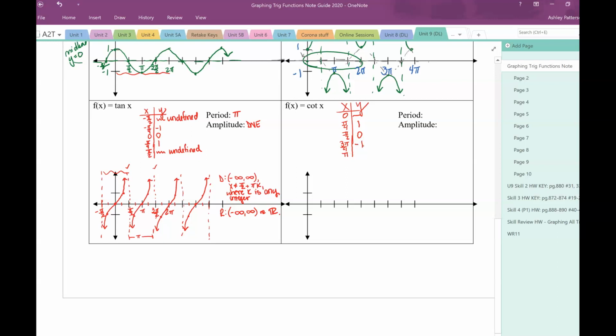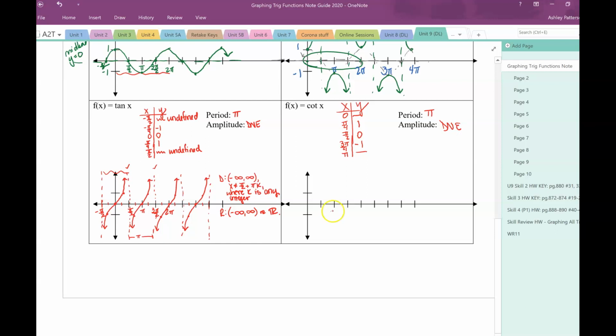And then tangent of pi is 0, therefore that's where we have our asymptote. So we have to approach it a little bit differently than the other two reciprocals, but that's okay. Our period stays the same. Amplitude doesn't exist. Let's graph it.